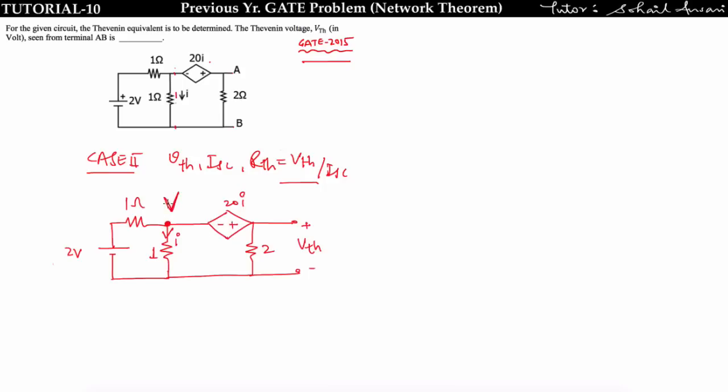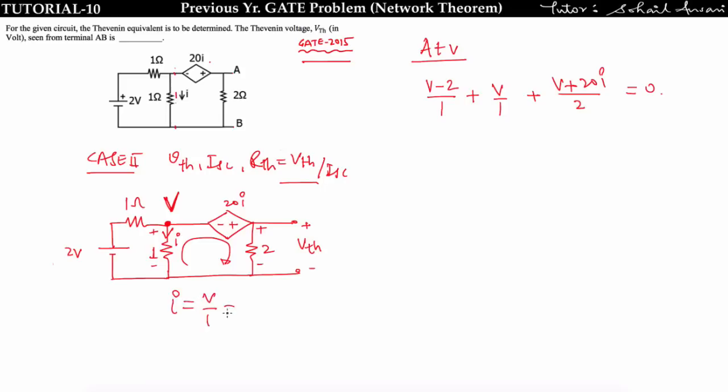Let us assume this V. At node V, when you apply nodal analysis, you will get (V minus 2) by 1 plus V by 1 plus (V plus 20I) by 2 is equal to 0, and according to this I can be given by V by 1, that is equal to V, I is equal to V.